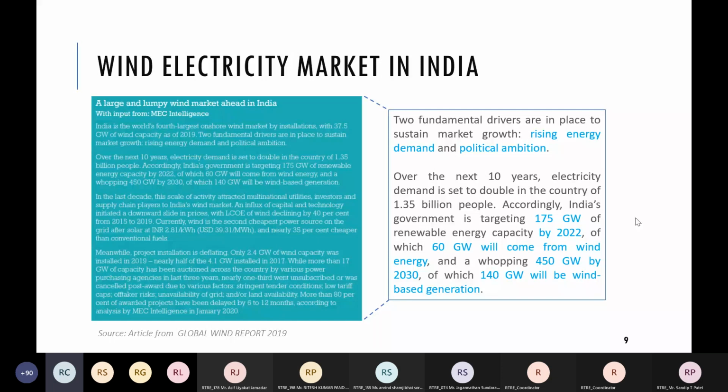The total target for 2030 from all renewable sources is 450 gigawatts, which is very high, and almost 25% of it is to come from wind-based generation, which is 140 gigawatt. So the future of wind energy is bright in India.